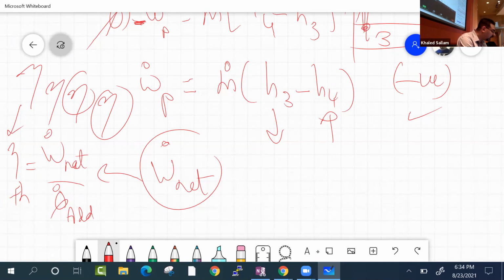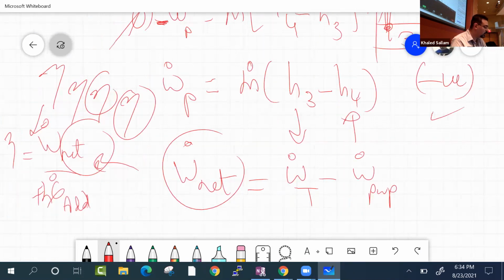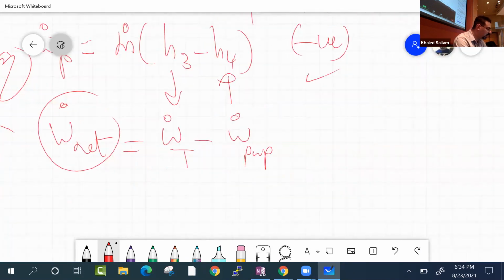So to calculate eta, I need work net. And to calculate work net, what should I do? Work turbine minus work pump. But when I write it like this, then I really need to be correct. I need to use the magnitude of work pump.